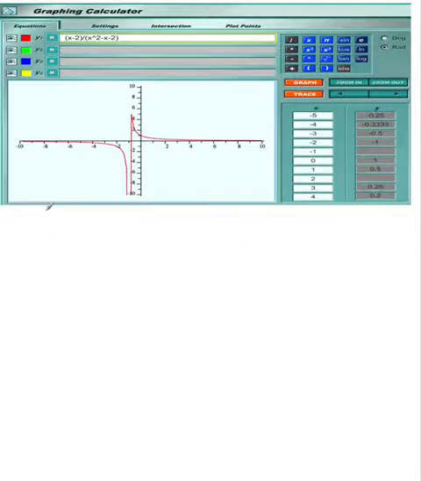Now let's look at this function. This is f of x is equal to x minus 2 divided by x squared minus x minus 2. I got confused there. That's okay.